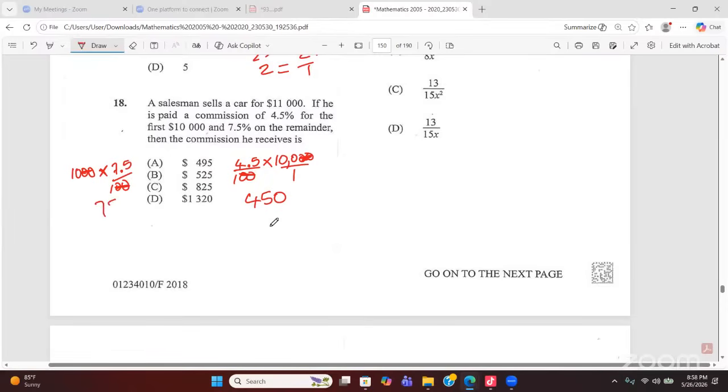So what we need to do now is add them together, and whatever you get is the answer. $525. I hope everybody sees that.